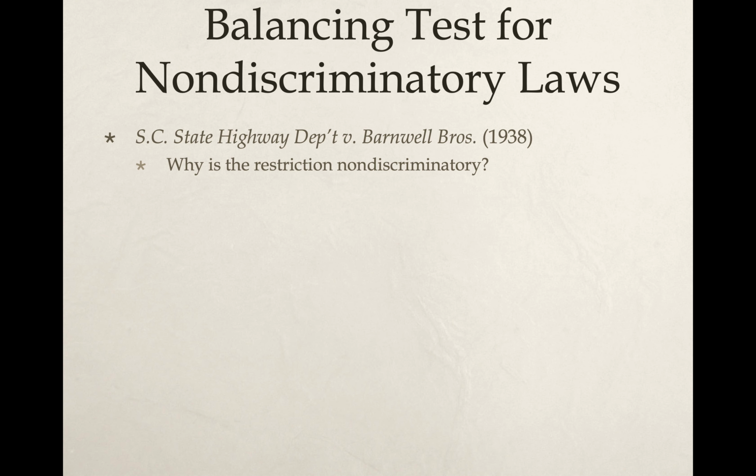So first, the court notes that highway laws are usually reserved to the states. Now, I will note that this is a 1938 case, decided before the Interstate Highway Act was passed in the 50s under President Eisenhower. But here, we're reading the case to see how the court goes about applying this balancing test for non-discriminatory laws.